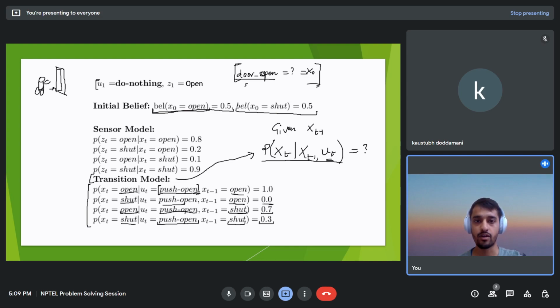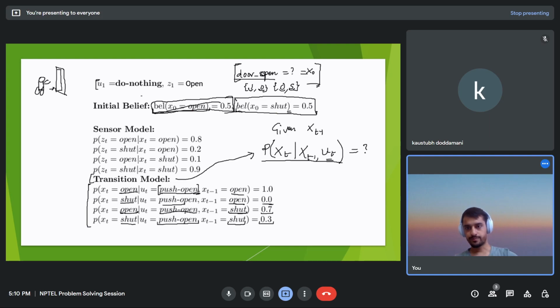Let us say we allow it to have states 1 or 0, or in this case open or shut. So what is the probability for it to have one state? That is your first belief. And then what is the probability of it to have the second state? That is what you call belief. This is the final probability of your variable.